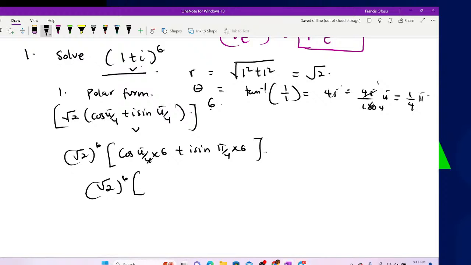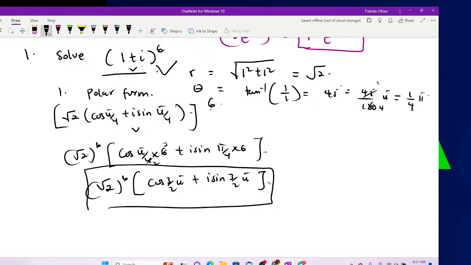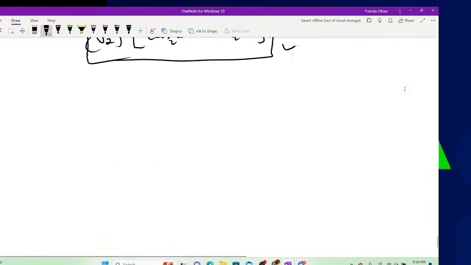Then 2 goes here 2 and goes here 3. That is 3 over 2 pi. So cos 3 over 2 pi plus i sine 3 over 2 pi. So this whole thing now has been simplified using the De Moivre theorem. And this is how the De Moivre theorem works. As I said, De Moivre theorem only works for polar form representations.